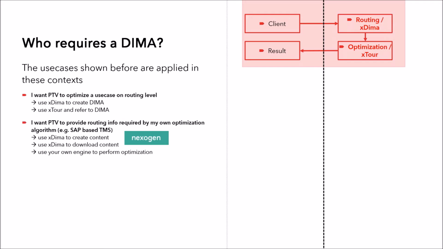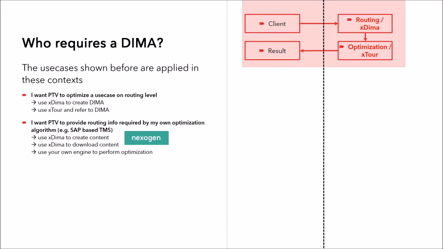The second use case is a situation where a client cannot use the PTV optimization module because his object model is not satisfied by the PTV xtour model. For example, we have a partner who is also listening today in Hungary, a company called Nexogen, and Nexogen develops specific algorithms for optimization dedicated to specific industries.